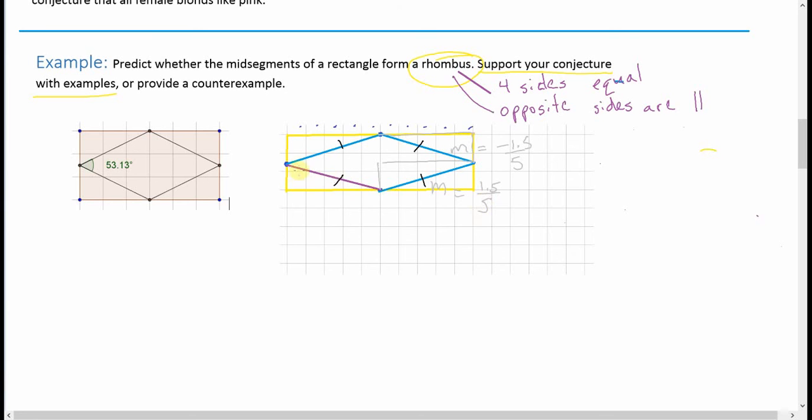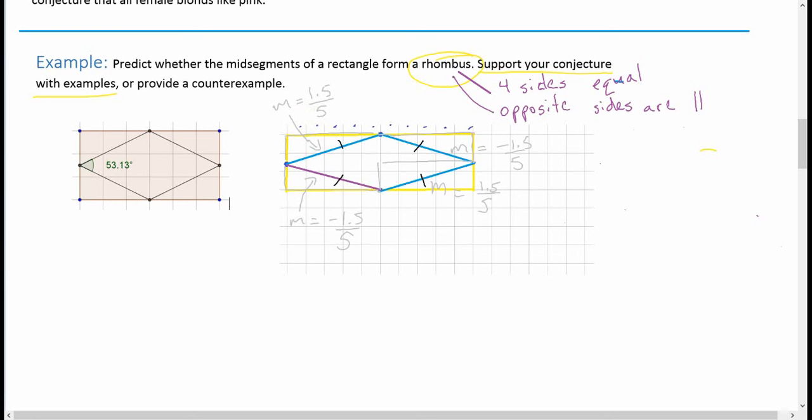Okay, let's do the slope of this piece here. This one is down 1.5 and over 5. And the slope here is up 1.5 and over 5.